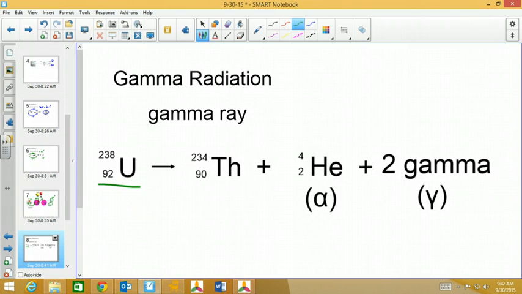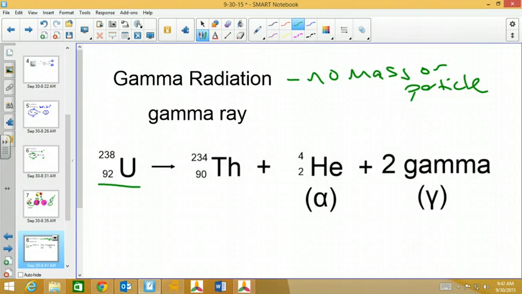It has no mass or particle. It's simply just energy. And usually it comes along when you have alpha and beta decay. So you have these other pieces that are being made, but this is kind of the leftover energy that goes along with it. Okay? Yes, ma'am?